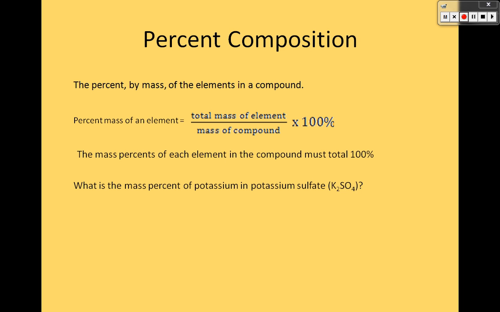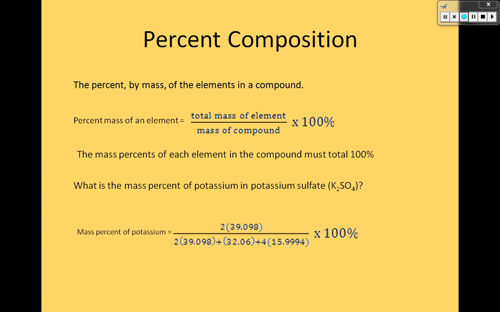Thinking that the formula is something different, KSO4 or KSO3 or anything else, PSO4, is going to end up pulling you down the wrong road. And if you start off on the wrong path, you're going to end up on the wrong path in the end. So go ahead and try to figure this out based on the equation above. Pause the video and then check your answer.